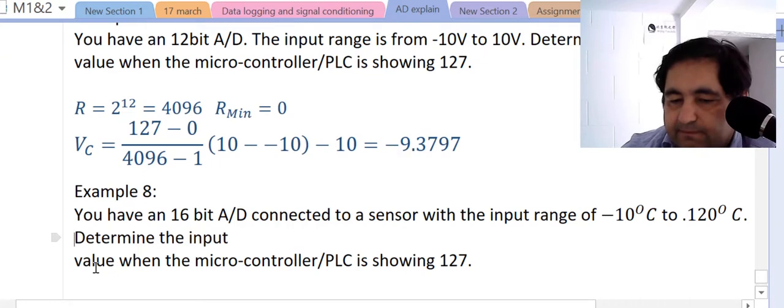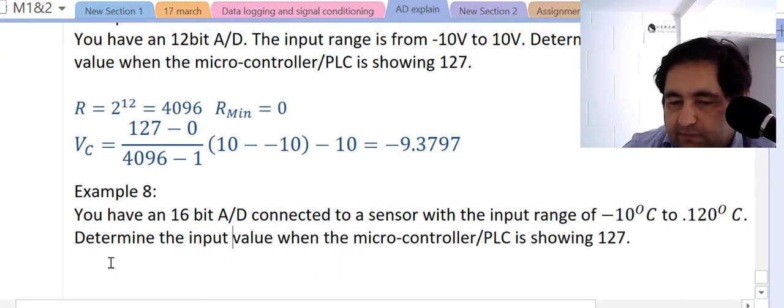Now determine the input value when the microcontroller PLC is showing.